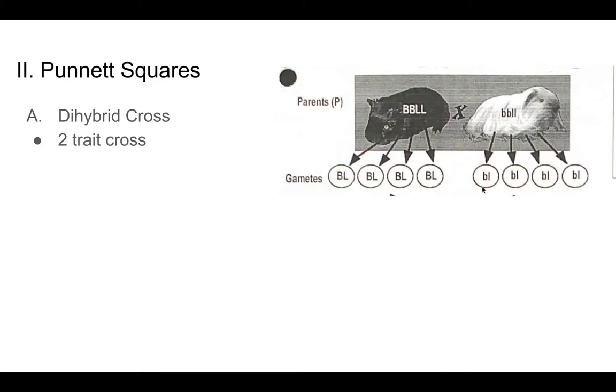Over here, we see a similar thing because there's only small b's and only small L's, so all of the gametes will have the same combination.